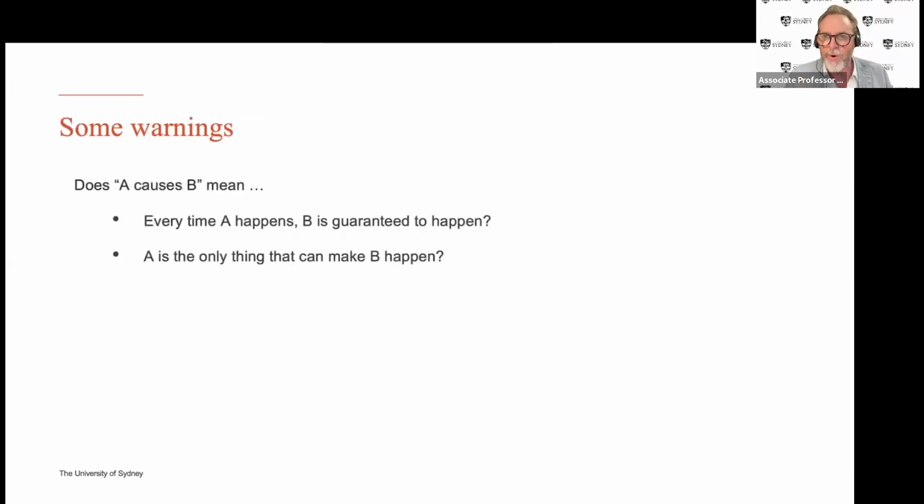So just some warnings before we get into the analysis of causal arguments, some warnings about what "A causes B" means. People are often very sloppy in their reasoning about causation, and sometimes it's because they get confused about what "A causes B" really means. You could perhaps interpret "A causes B" to mean every time A happens, B is guaranteed to happen.